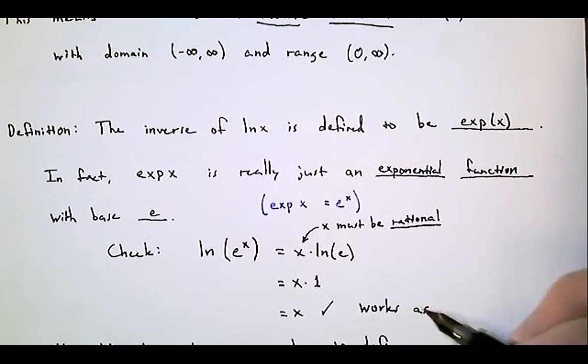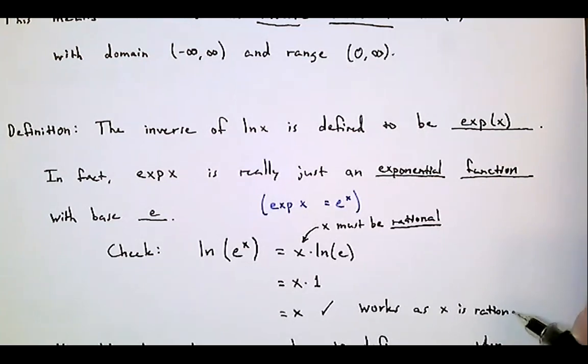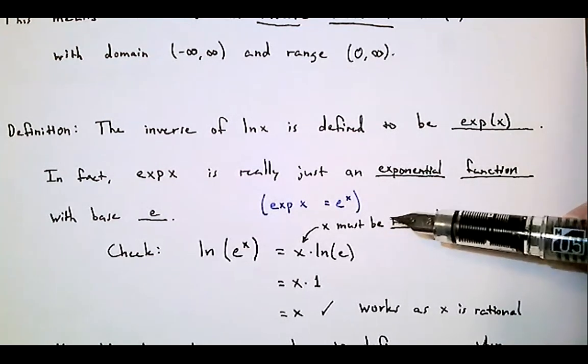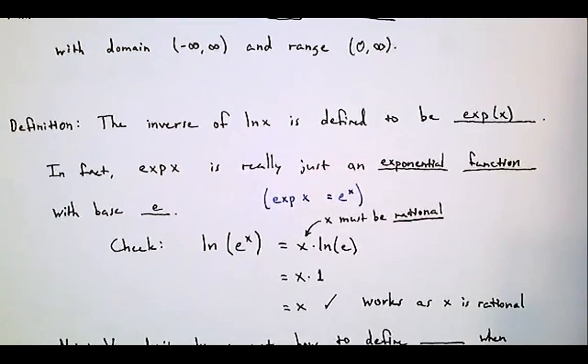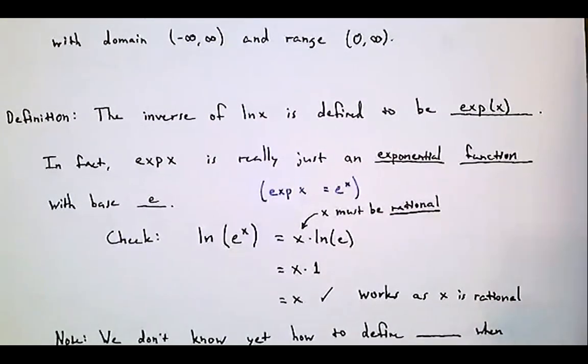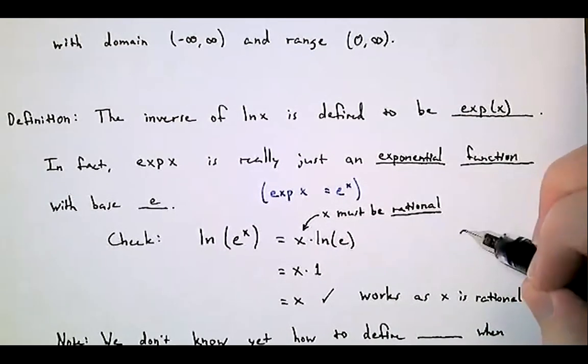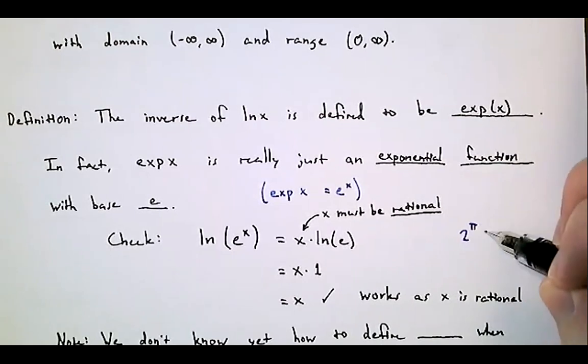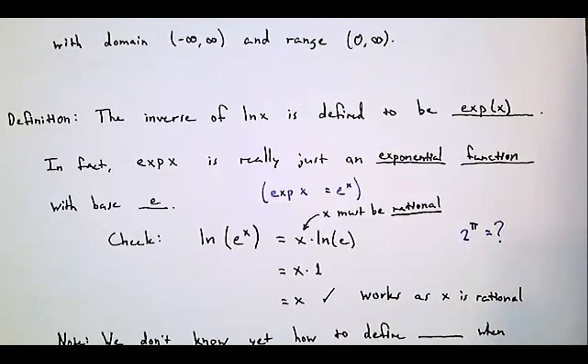But only as long as x is rational, because we don't actually know what irrational exponents are. If I told you to do 2 to the pi power, what would that even mean?